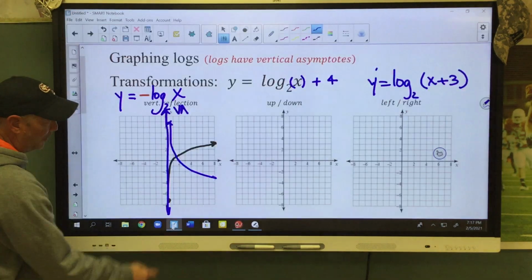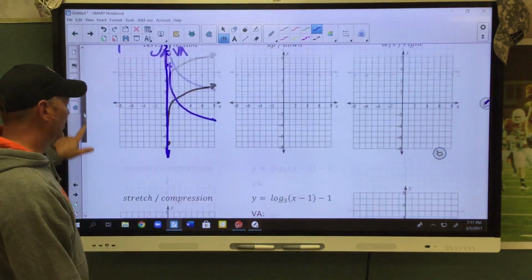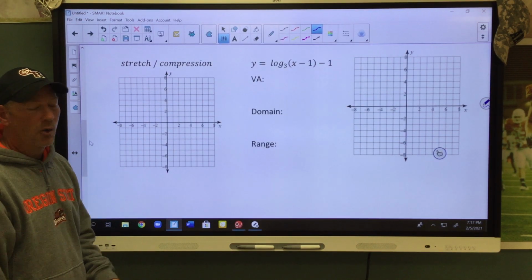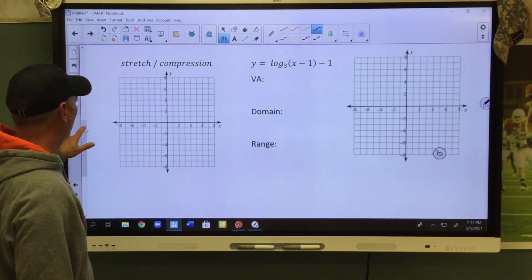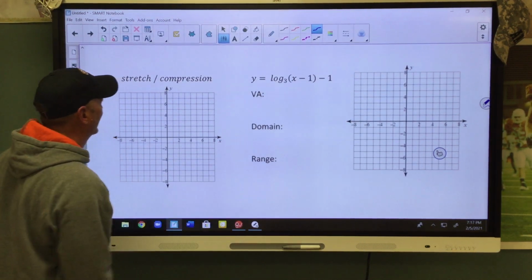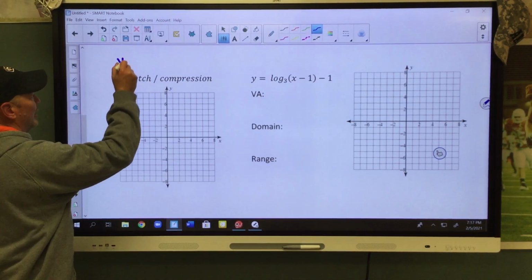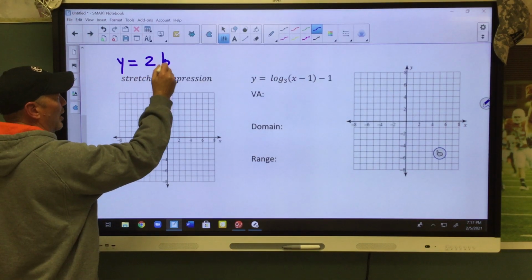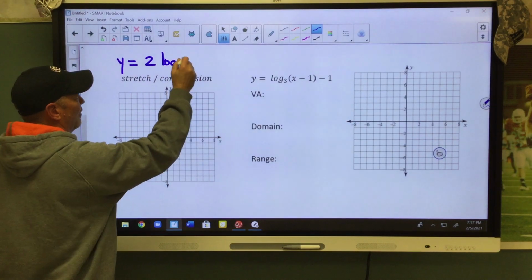Okay, let's go back to our paper. We could do this. I could give you a stretch or a compression. Okay, what would that look like? If I wanted to do a stretch or a compression, that would give you something that looks like this. Y equals 2 in front. Log base 2 of x.